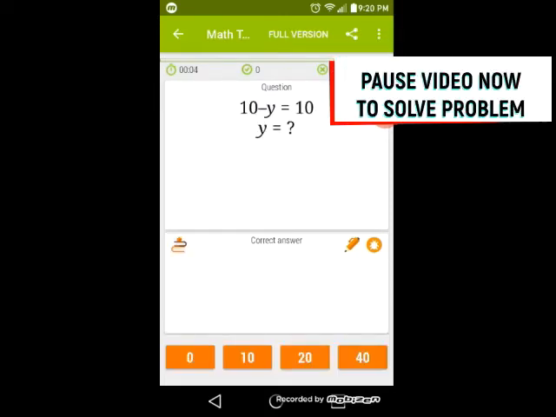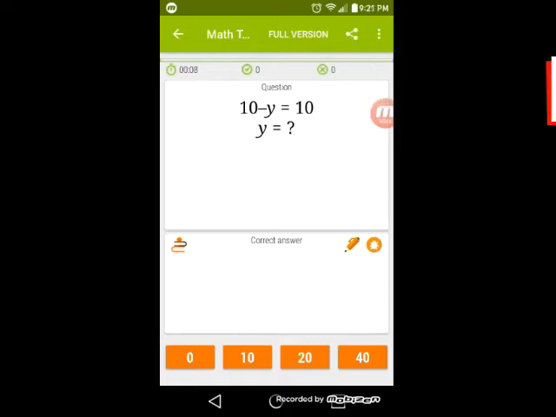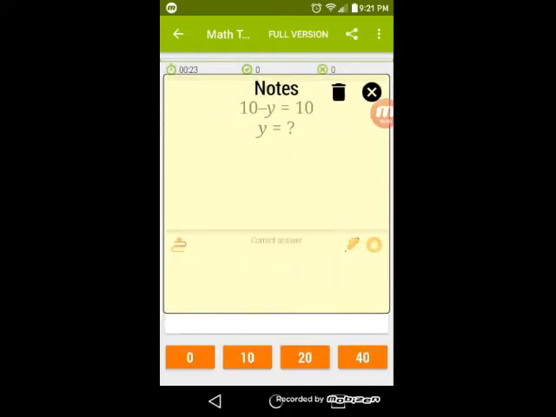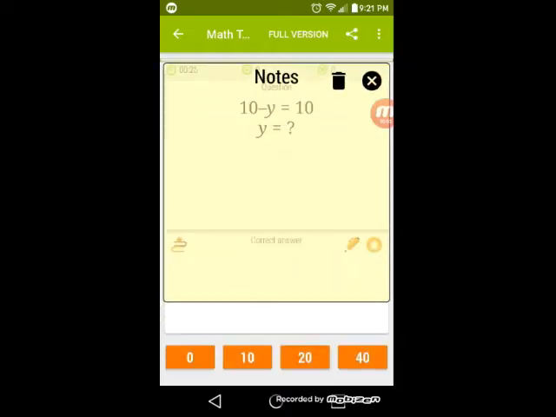Okay, instead of x, they're using the variable y. Doesn't make any difference, it's still one variable that you're trying to find in the equation. So the first thing you do is try to isolate it, just like it's showing there. Alright, if you click on the pen, it brings up notes and you can scribble.